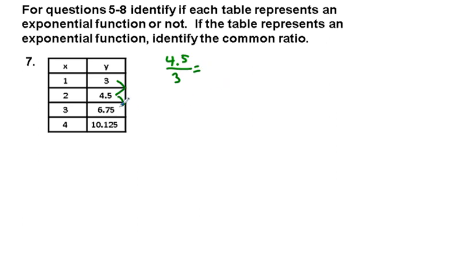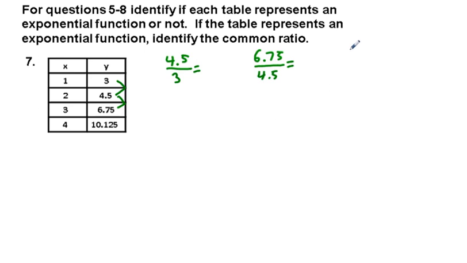And next, we're going to take 6.75, our third term, divided by our second term, and see if we get the same thing. If we get the same thing, that would seem to indicate a common ratio.